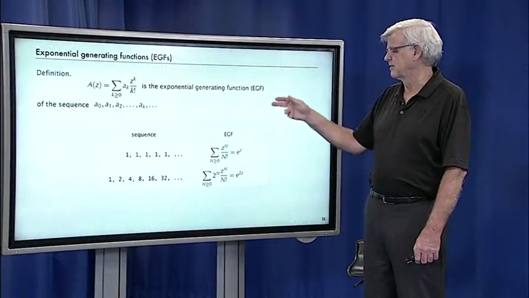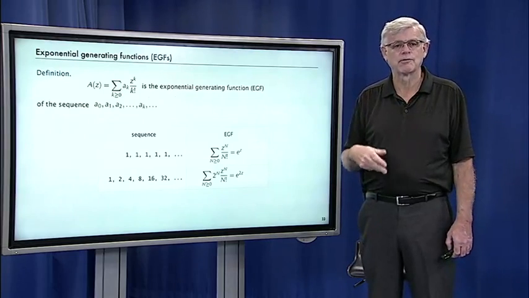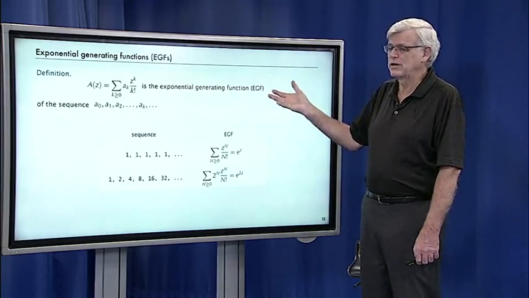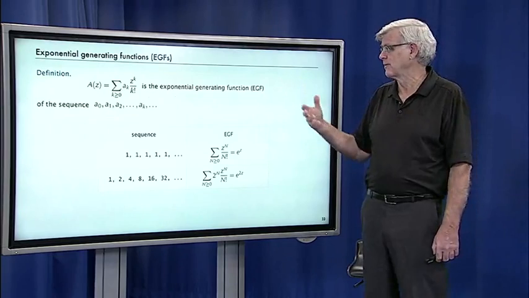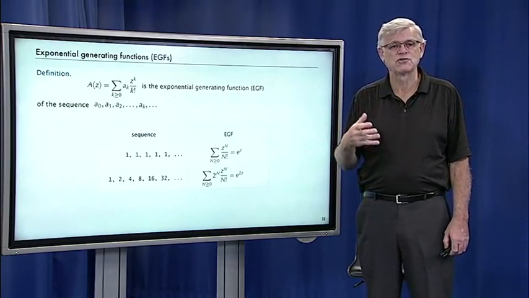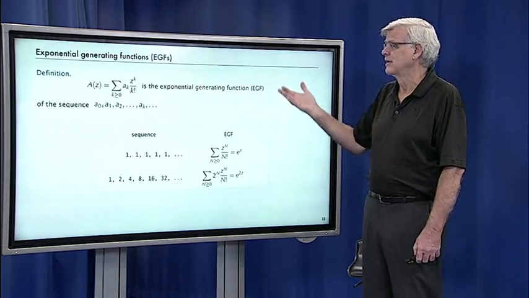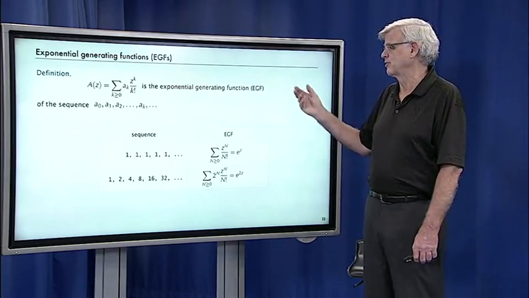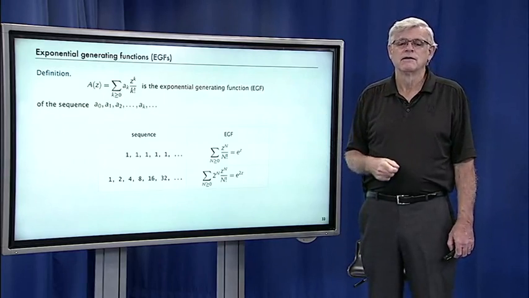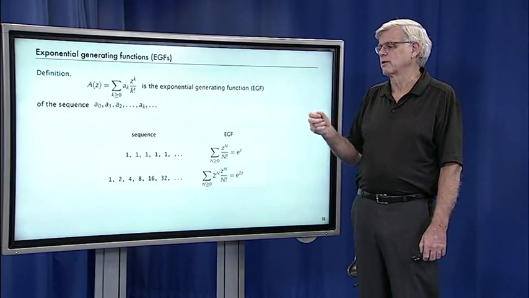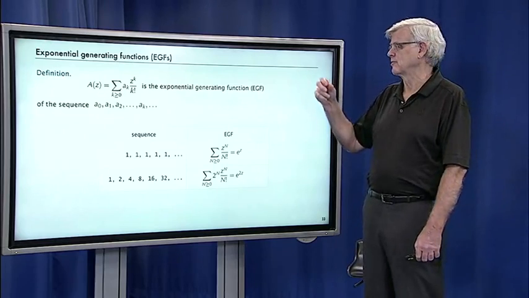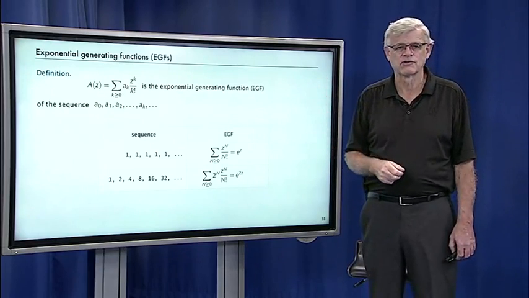So same sequence, different functions for representing them. And there's situations where it's more natural, it's better, it's more convenient to use exponential generating functions. And many other possibilities have been studied. But for analytic combinatorics, we're going to focus on ordinary generating functions and exponential generating functions.